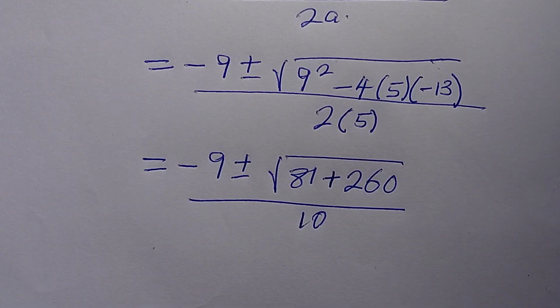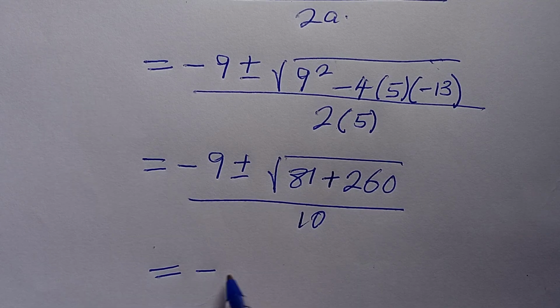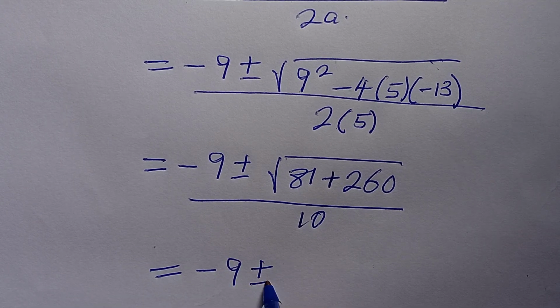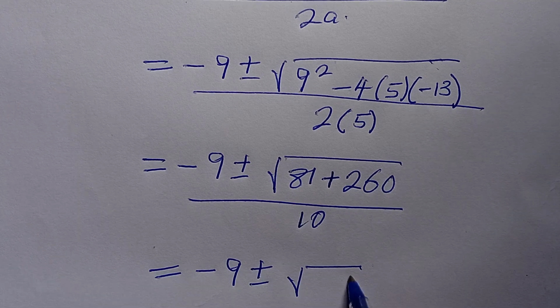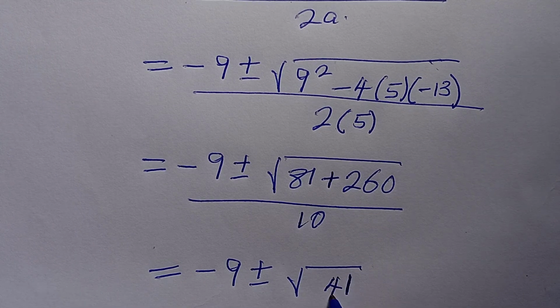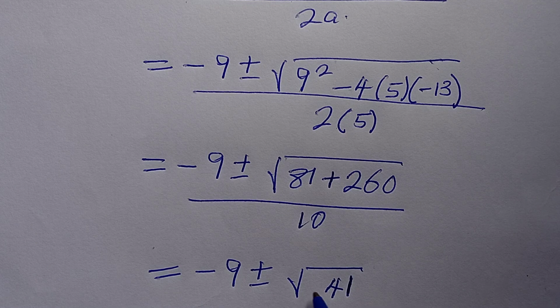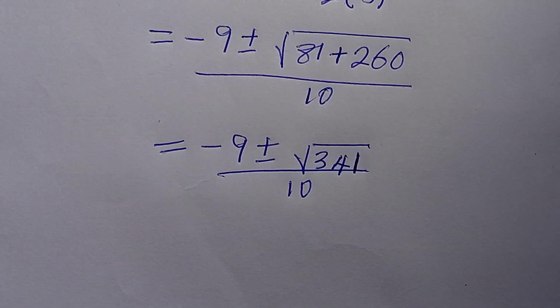All right, so from here we can add this together. So this is going to give us minus 9 plus or minus the square root of 81 plus 260, which gives us 341, all over 10.